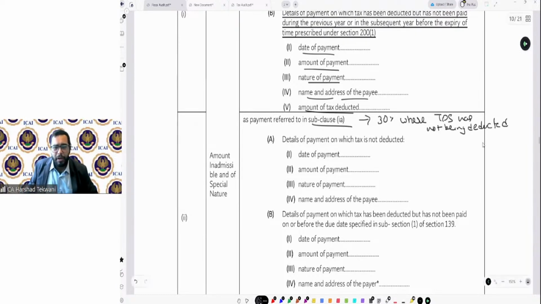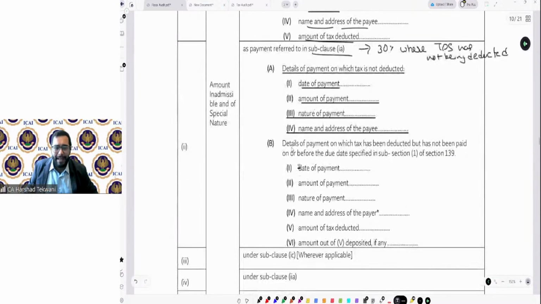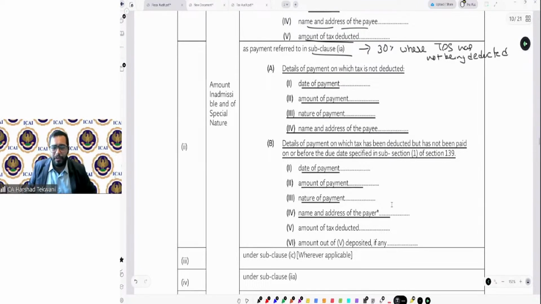That is the particular clause that we are talking about. If that is the case, then you need to provide the details of payment on which tax is not deducted, like date of payment, amount of payment, nature of payment, name and address of payee. Second, details of payment on which tax has been deducted but not paid before the due date specified under 139(1): date of payment, amount of payment, nature of payment, name and address of the payee, amount of tax deducted, and amount deposited, if any.